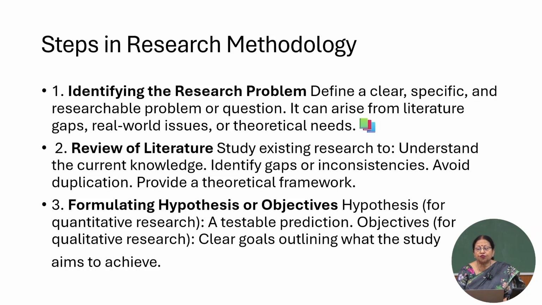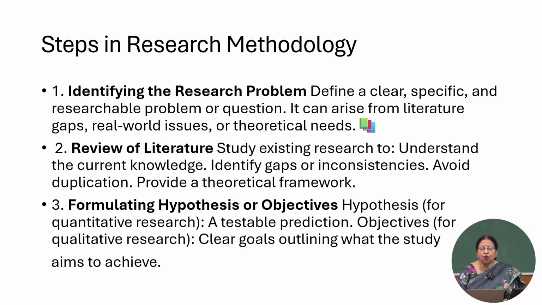It can arise from literature gaps, real world issues or theoretical needs. So the first and foremost thing is that one should be able to identify what to research on. The research problem identification is a must and the foremost thing to do for a researcher.